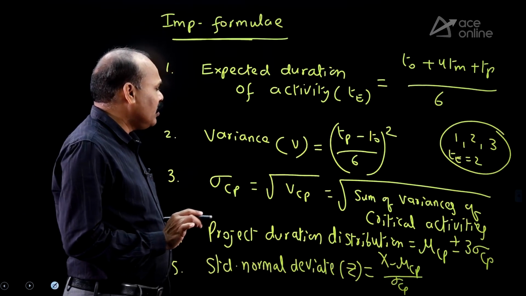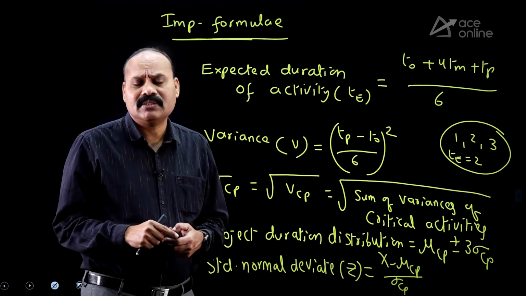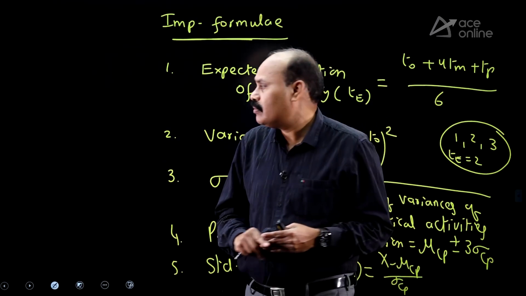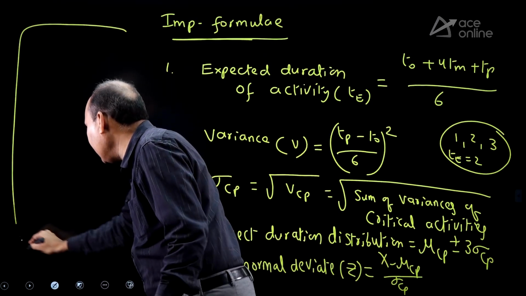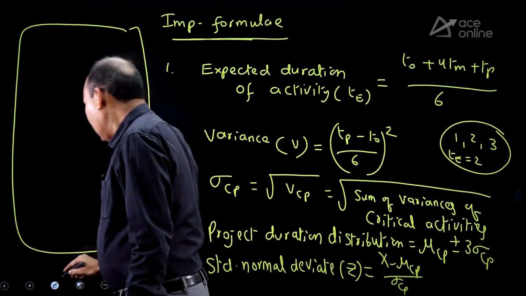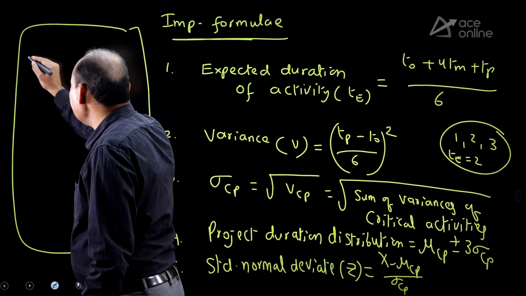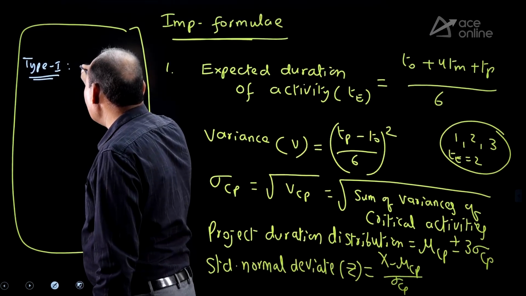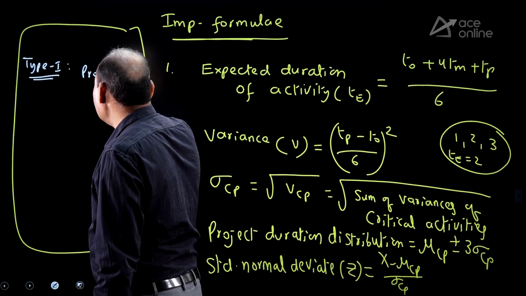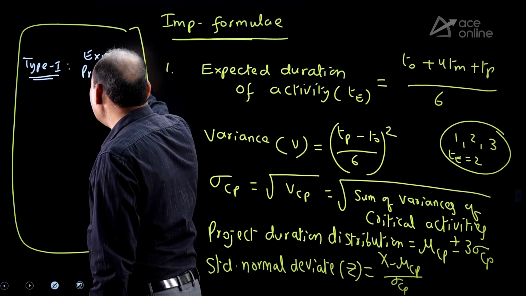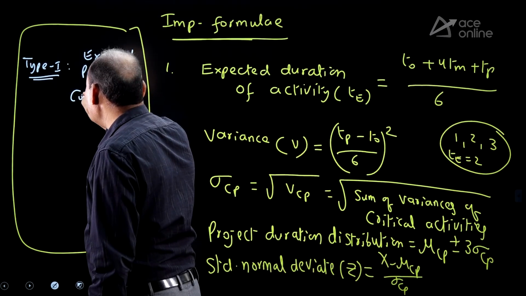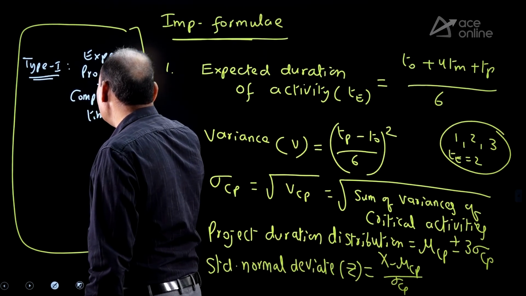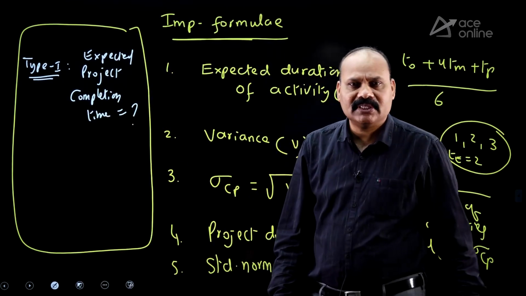Okay. So coming to it, I am going to take some questions. There are 2 types of questions in PERT network. What are the possible questions in PERT network? The first question is as usual, type 1: expected project completion time you have to find out.